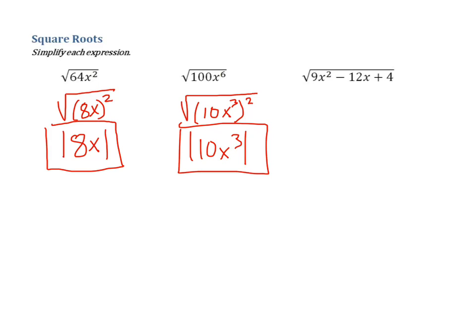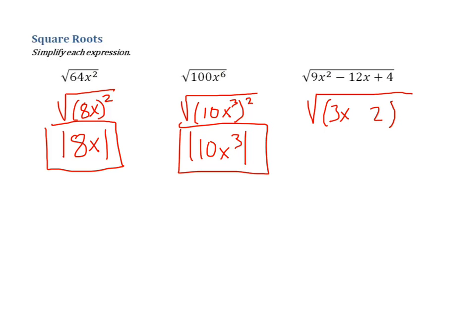And this one, we have a quadratic expression inside. So what we need to do is we need to factor this first. And if we remember, we are looking for two numbers that multiply to this, or actually the square root of this. And the square root of 9x squared is 3x. And the square root of 4 is 2.